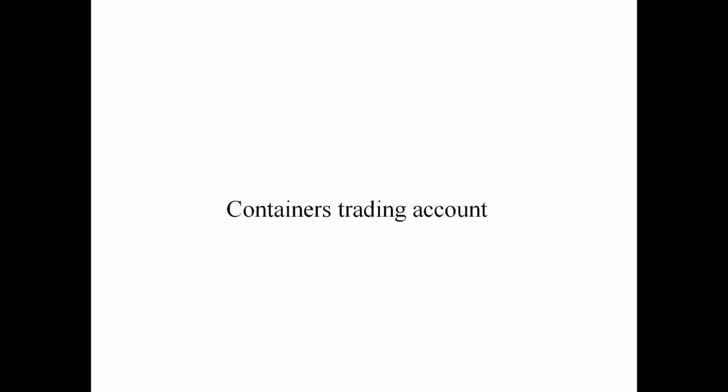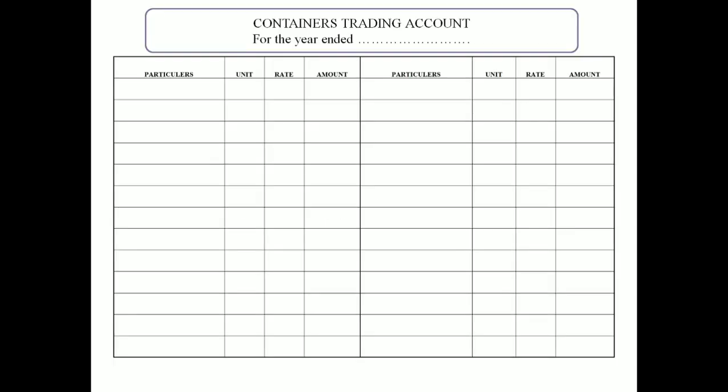So let us see the containers trading account. I will show you the format; a containers trading account will be like this. There will be particulars, unit, rate, and amount on both the debit side and the credit side.